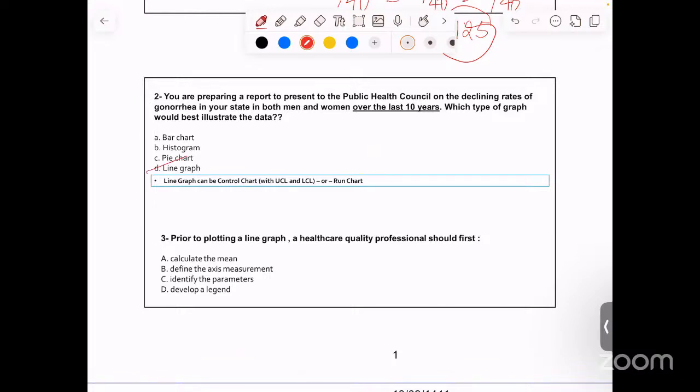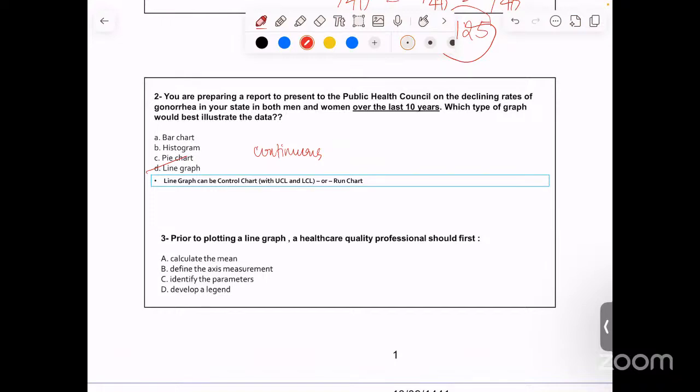Very good, Radha. Okay, here you are preparing a report to present to the Planning Council about orientation courses that haven't been held over the past year. So now anything that tracks data over time needs what kind of graph?